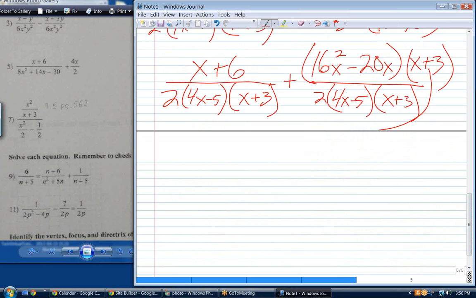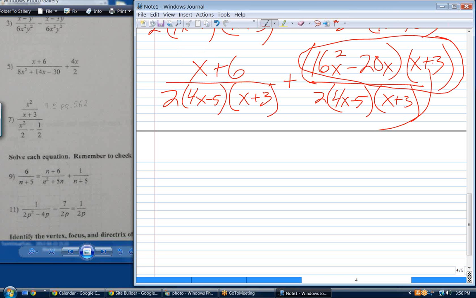So let's simplify the numerator, and I do have to distribute this now. The reason is that it's going to give me some number of x. At a minimum, it's going to give me minus 60x after I multiply, and I'm going to be able to combine that minus 60x with this single x over there.